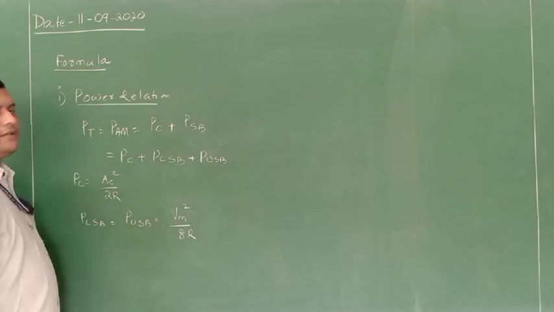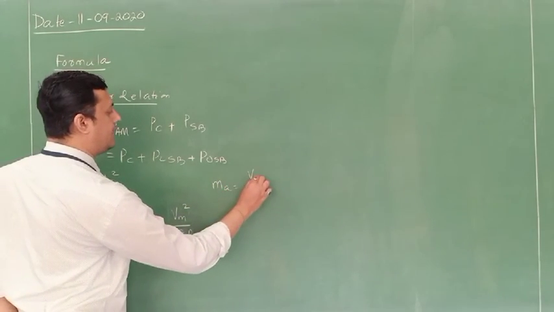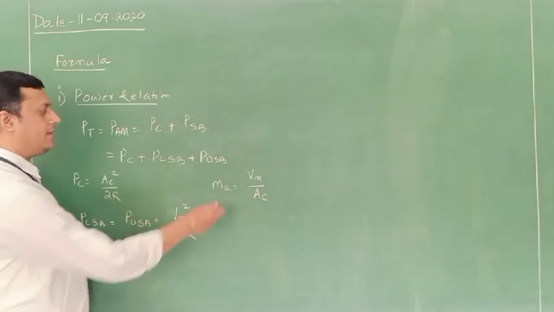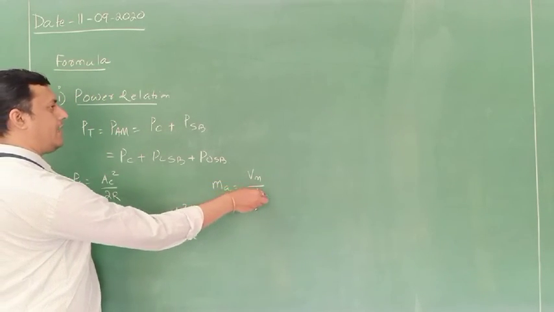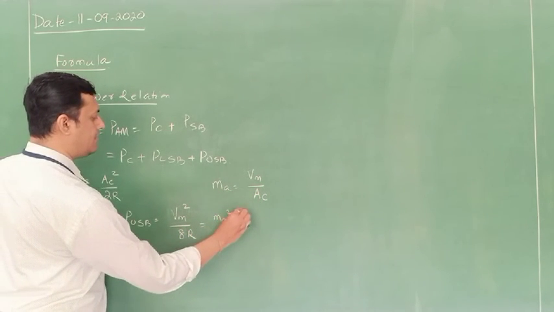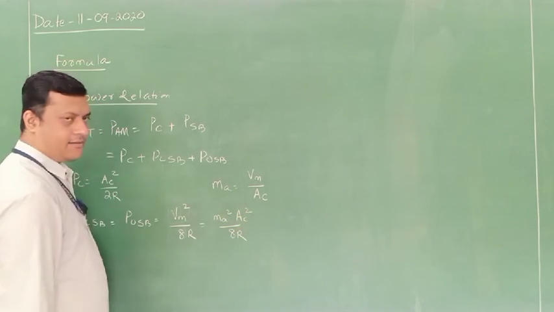Now in place of Vm, I can substitute in terms of modulation index. So it is Vm by AC equals Ma. Now what is Vm? It is Ma into AC. So it is Ma square into AC square divided by 8R.